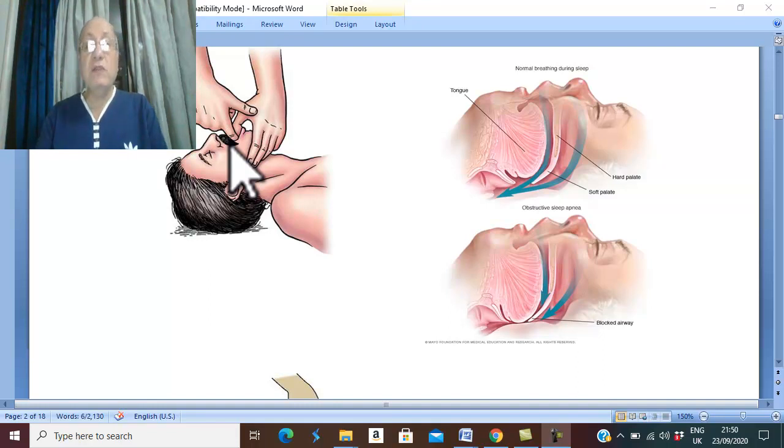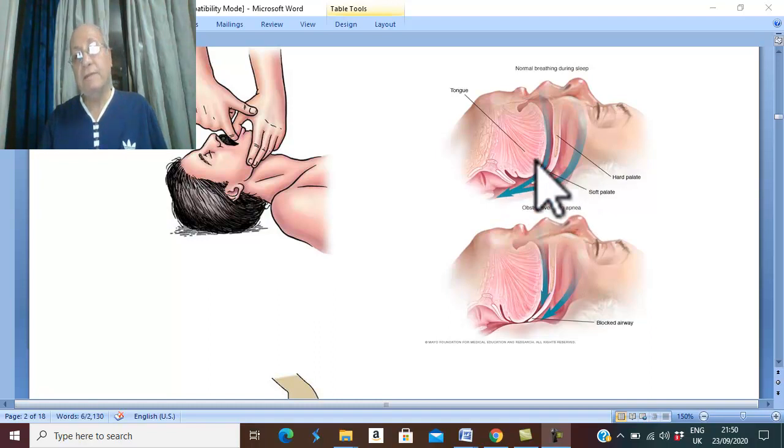Also, one of the commonest causes for airway obstruction, especially in a comatose patient, is falling back of the tongue. When the patient lies flat and unconscious, the tongue by its weight may drop backward.